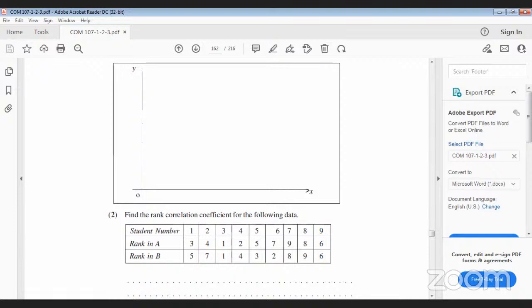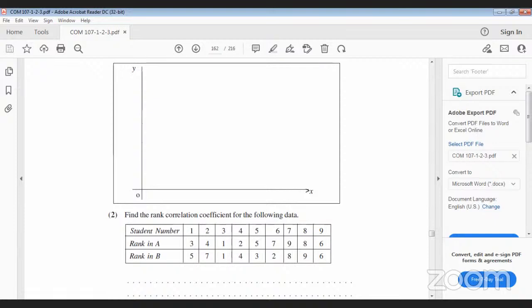For rank B it is 5, 7, 1, 4, 3, 2, 8, 9, 6. Such examples are given as exercises, and those answers must be there.